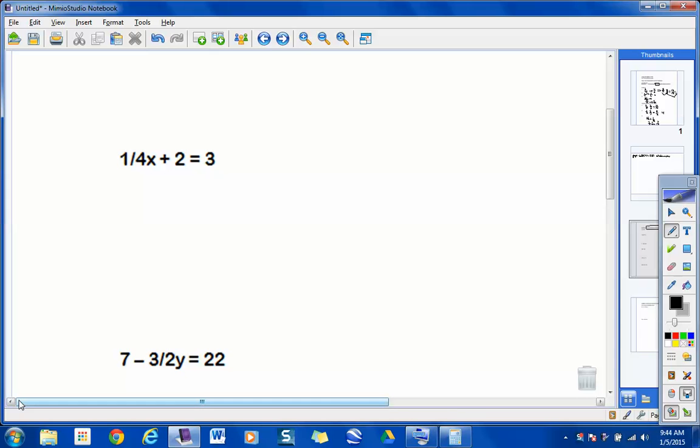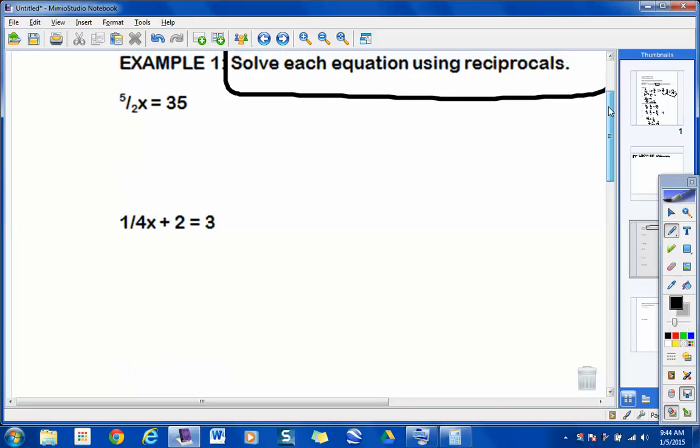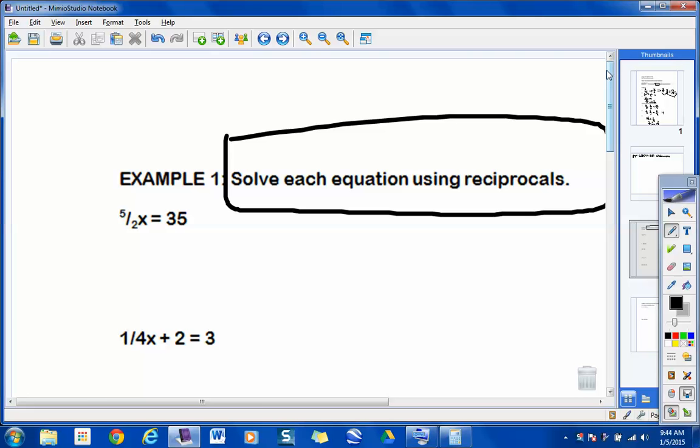But my first example says, 5 halves times some number to equal what value? 35. Okay, let's roll on this. You might want a calculator handy for this today. But here's the deal. I'm going to rewrite my whole problem. I'm going to call this 5 over 2 times x equals 35. Now bear with me here, guys.